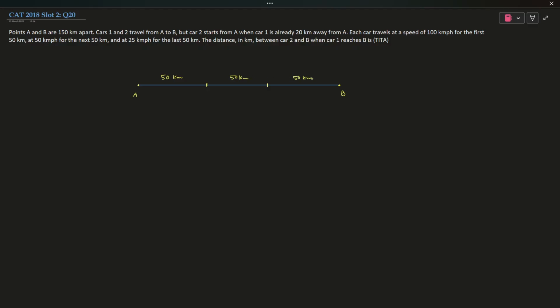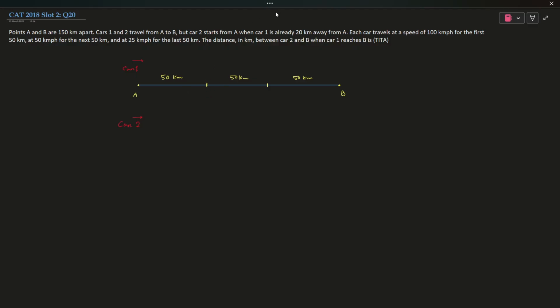Now we have car 1 moving towards B starting from A, and car 2 moving from A towards B. The speeds will vary depending upon the segments.